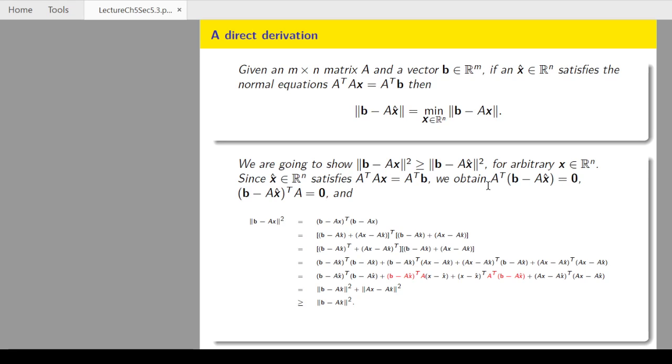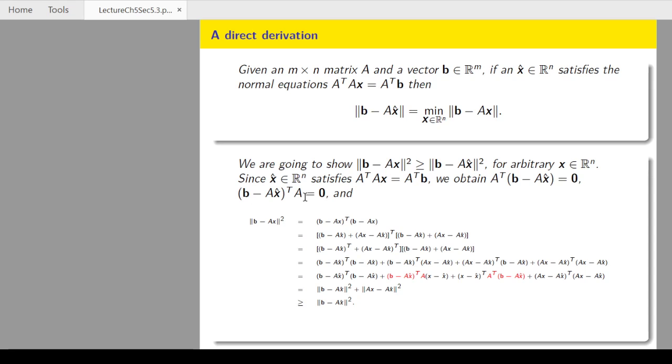This is just moving the right side to the left and picking up the transpose of A. For this, we take the transpose of both sides, and then we get the second equation.